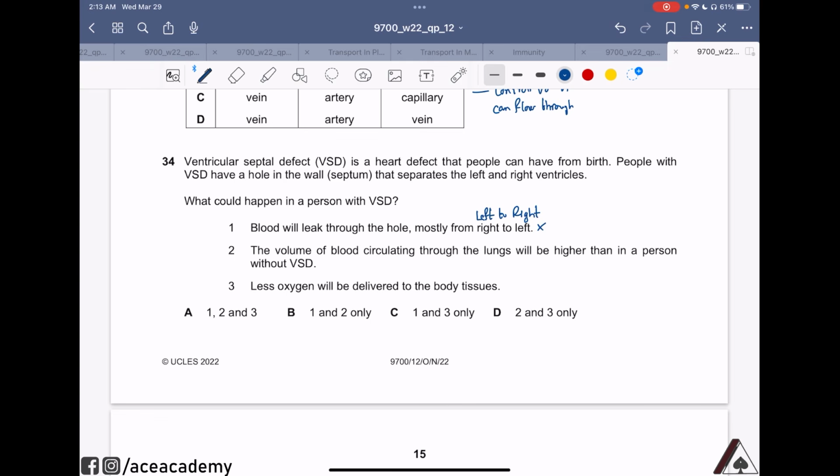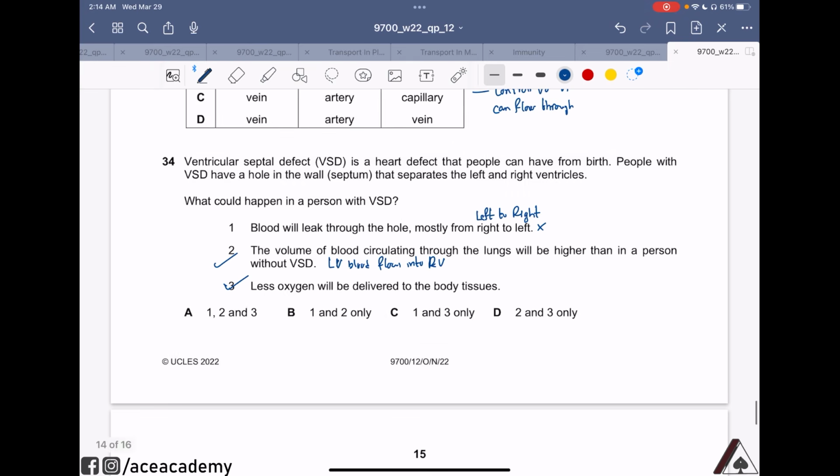The volume of blood circulating through the lungs will be higher in a person with VSD because left ventricle blood flows into the right ventricle and then eventually into the pulmonary artery. So, this is correct. Less oxygen will be delivered to the body tissues because the concentration gradient of oxygen and carbon dioxide in the blood will be altered.